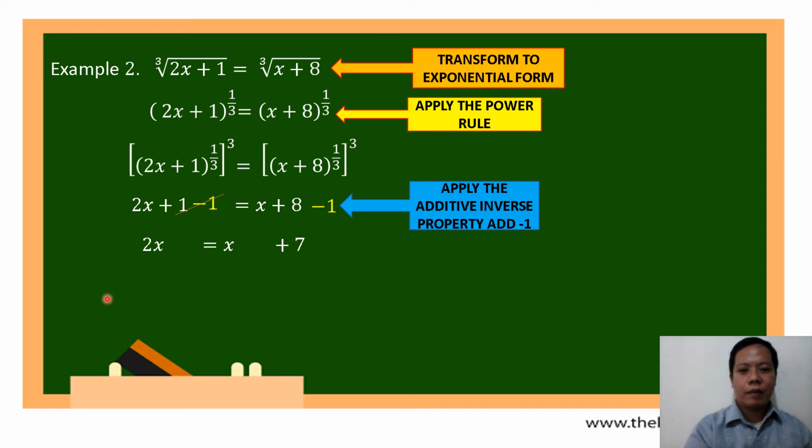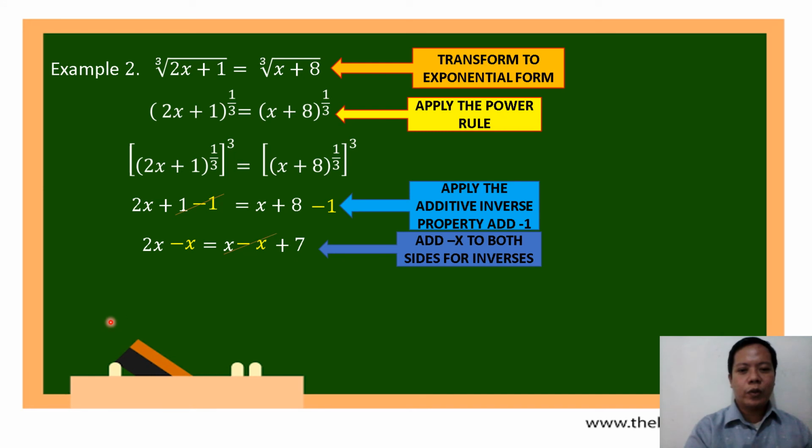Next step, we're going to eliminate x on the right, because our goal is to retain all constant terms on the right. Then add negative x to both sides, also the additive inverse property. So now we have 2x minus x is equal to x minus x plus 7.